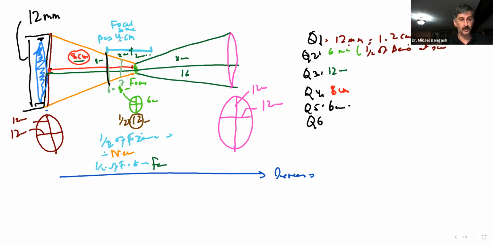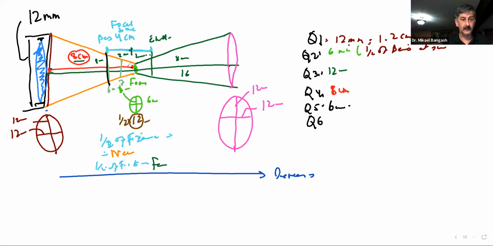Your focal zone at shoulder was 4 centimeters, which half of it falls into the near zone, and that's going to mark the end of your focal zone.